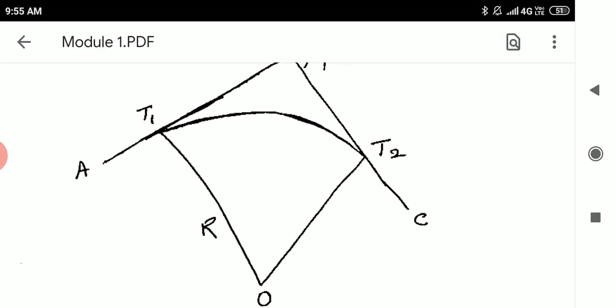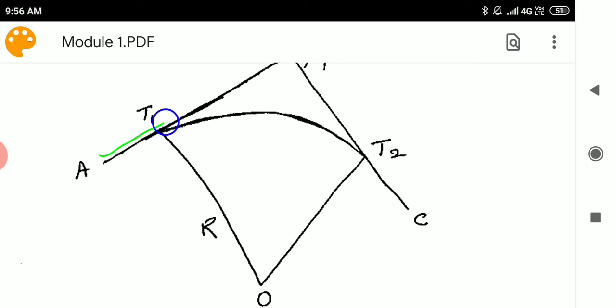Okay, first I will tell you what a simple curve is. A simple curve is when a curve consists of a single arc with a constant radius connecting two tangents; it is said to be a circular curve.